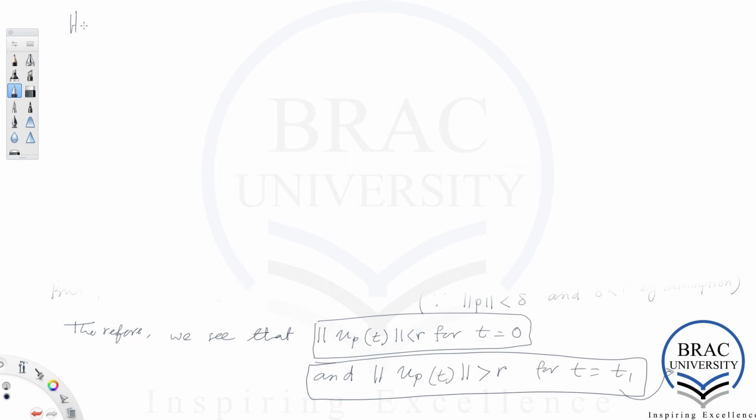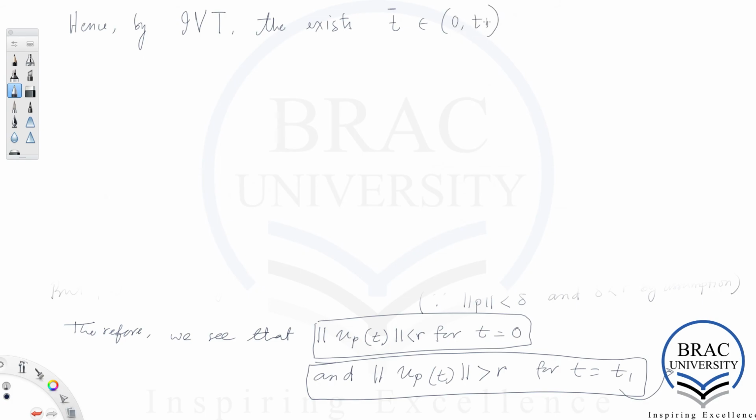Hence, by the intermediate value theorem, IVT, there exists a time t bar in (0, T1).